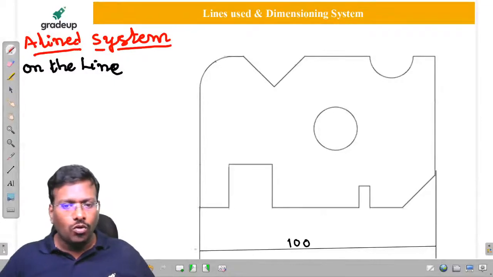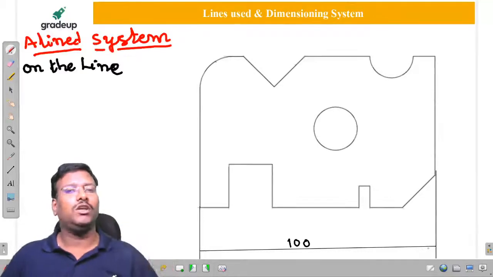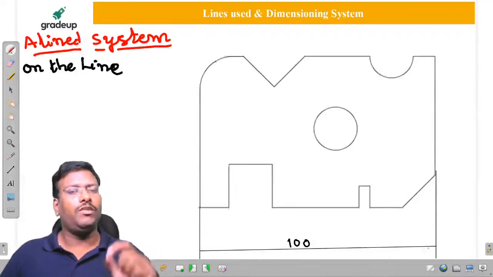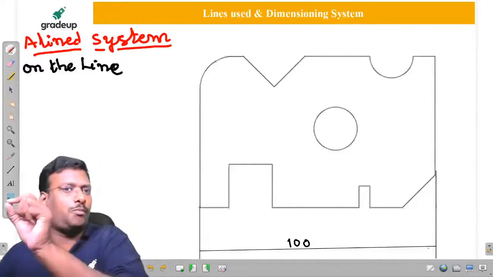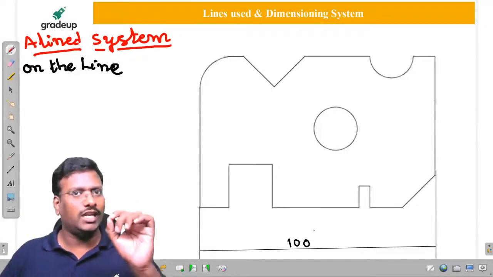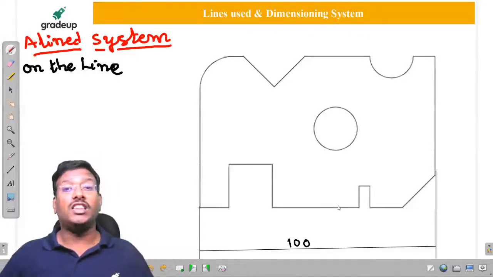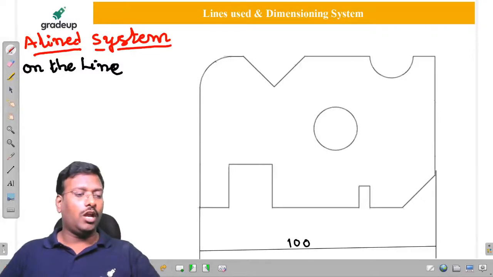Sir, we know from here to here it is 100. But in order to refer to it, whatever dimension you give, from which point to which point is this dimension, whatever 100 you gave, from which location to which location? For that, which element are we going to use?